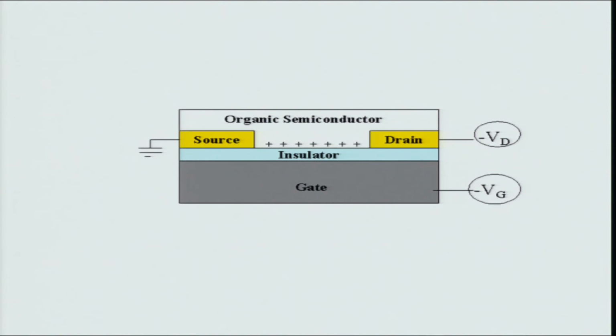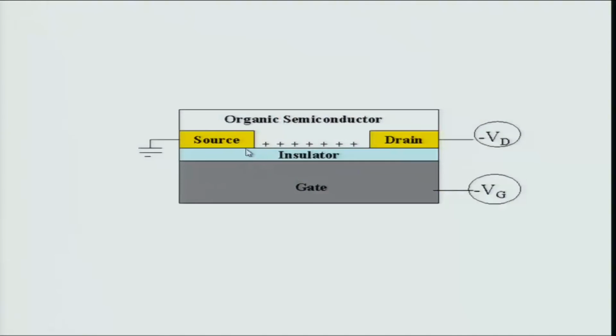There is a distinct difference here from the inorganic semiconductor, where the carriers which come at the channel are generated because of the depletion or accumulation effect. But if you recall, in our organic semiconductor there are no free carriers, assuming there are no impurities or no doping, which means that all the carriers which come to the organic semiconductor have to be injected.